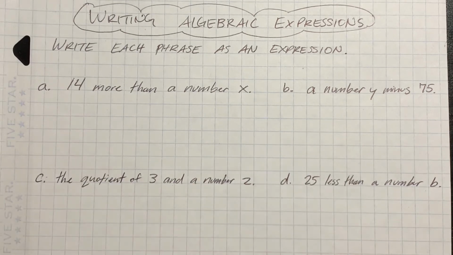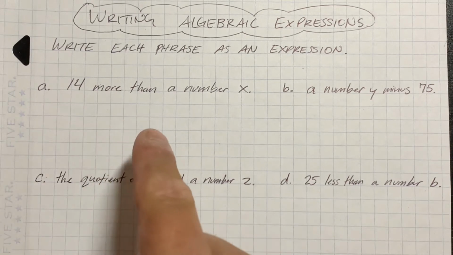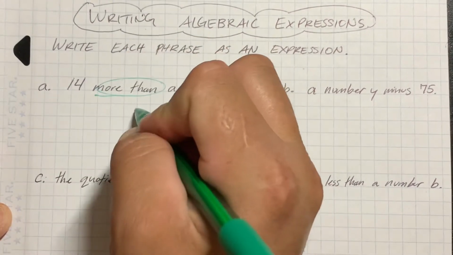For A, B, C, and D, we're going to look at A. The directions tell us to write each phrase as an expression. In A, we have 14 more than a number X. More than tells us to add.